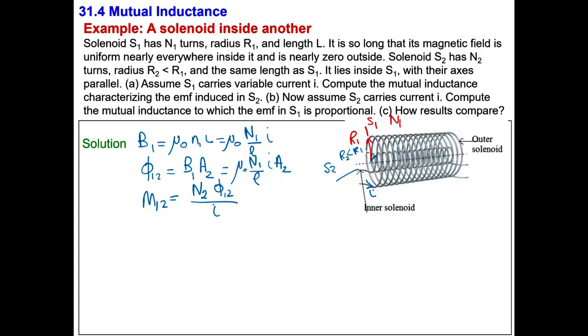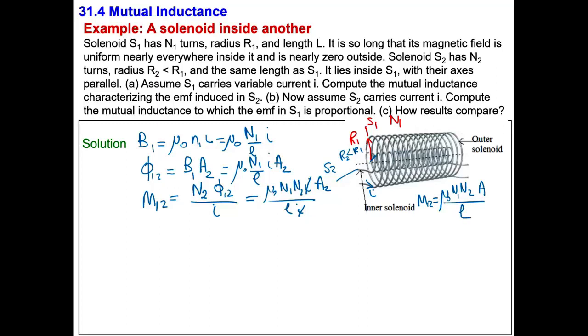Flux linkage divided by the current. So let's replace everything. It's mu0 N1 N2 I A2 divided by L, divided by the current. The currents will cancel, and we obtain M12 equal to mu0 N1 N2 times the area of coil 2 divided by L.